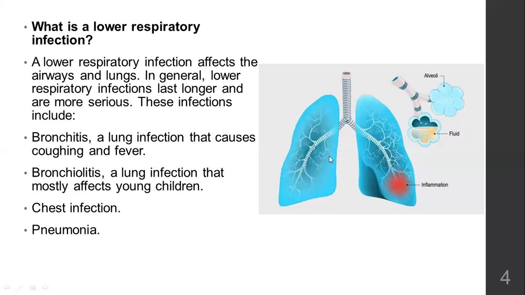Chest infection can also happen because of external trauma like a stab wound, gunshot wound, or any traffic accident trauma. If you get your ribs fractured, the fractured part of the rib may poke into your lungs, and that can cause infection.